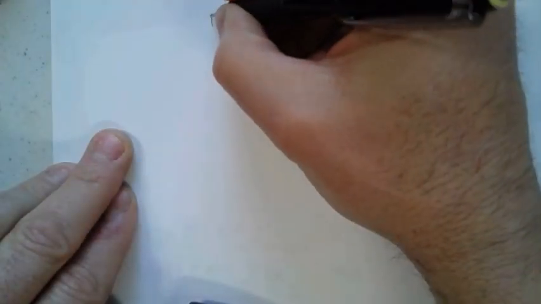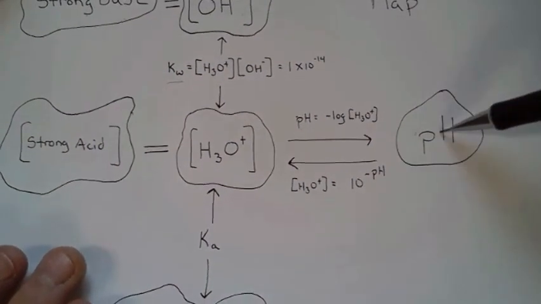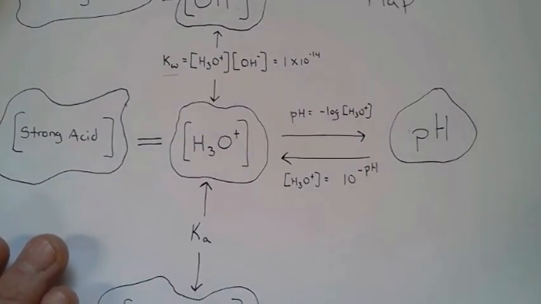The second sample problem is kind of going in reverse. Here, it's telling me what the pH is, and it's asking what is the hydroxide ion concentration. So I'm starting with pH, and I'm trying to go to OH negative. Now, looking on my map, I see that if I'm starting here on pH and I'm going to OH, it's going to be a two-step process.